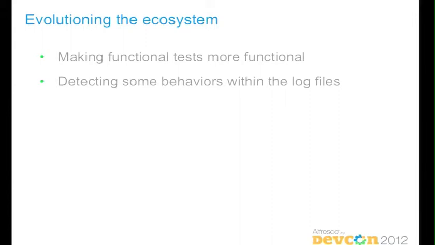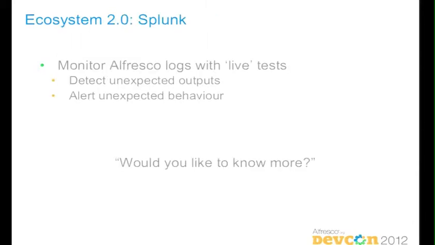And then detecting some behaviors within the log files, within the Alfresco log files, or even the log files that we have built. For that one, we are using Splunk. Splunk is a tool that allows monitoring logs of everything and detecting some anomalies, some behaviors.